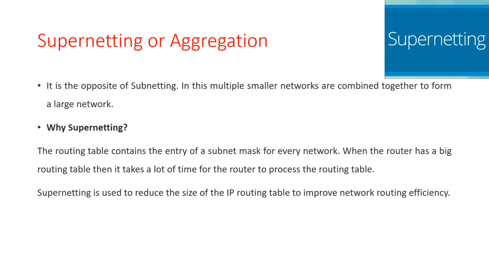So why is supernetting used? The routing table contains the entry of a subnet mask for every network. When the router has a big routing table, it takes a lot of time for the router to process the routing table.